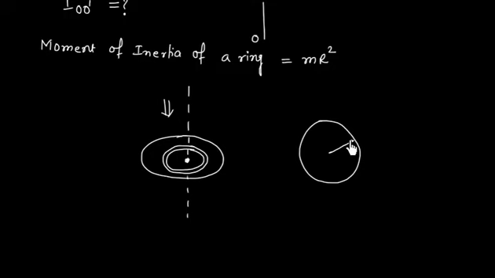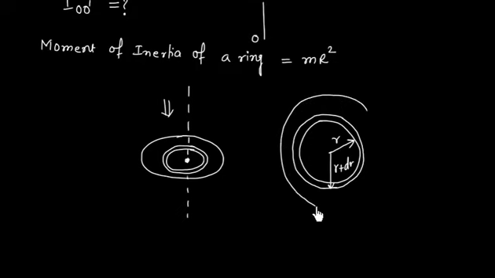So we have a radius of r, and then we have a radius of r plus dr. So this radius is r plus dr, and this is the whole disk, that is capital R.